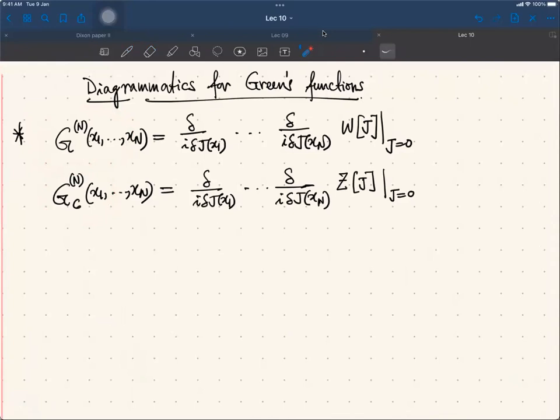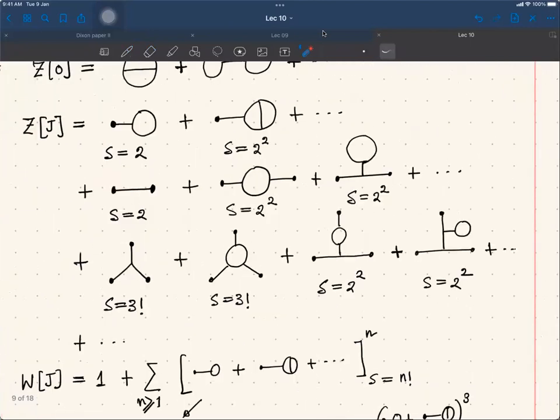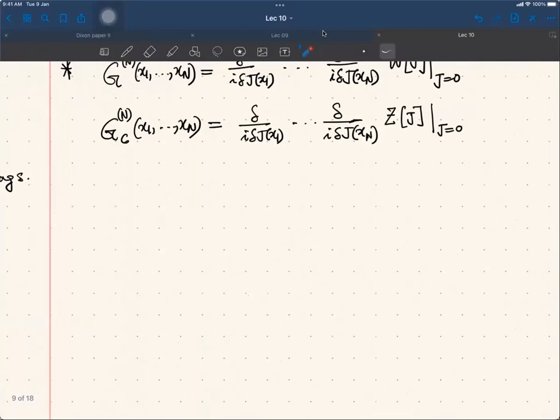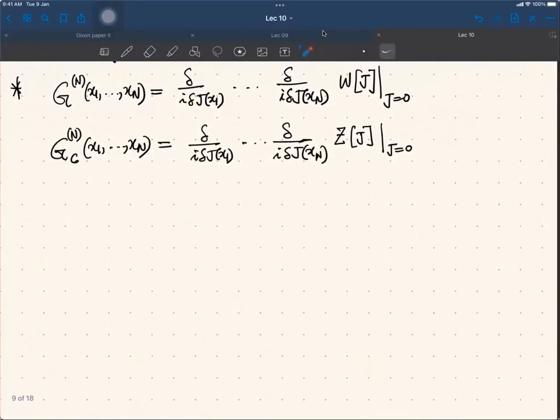We will have many more diagrams in the connected, and many other variants in the disconnected as well. So let us see how from the diagrammatic expansion of Z we can calculate the connected Green's functions, because the disconnected are not very interesting, since they are just multiplications of the connected ones.